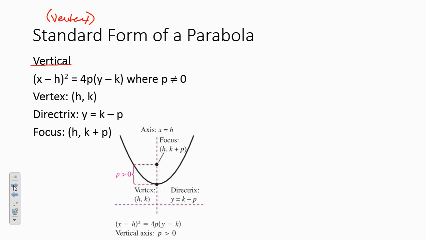Your vertex is (h, k). Your directrix will be y equals k minus p. And your focus will be the point (h, k plus p).